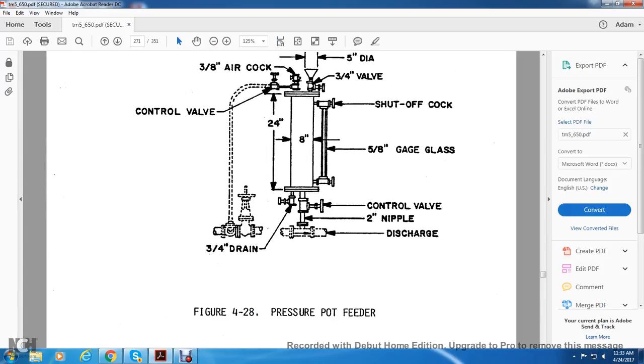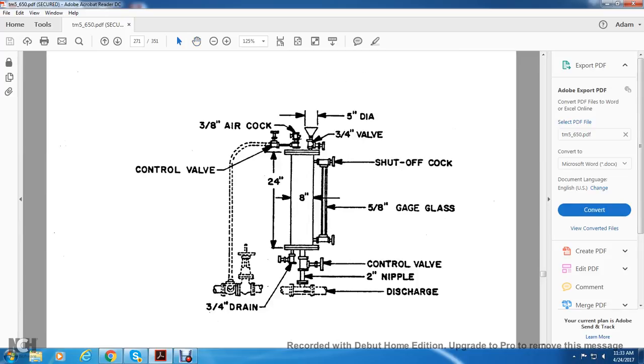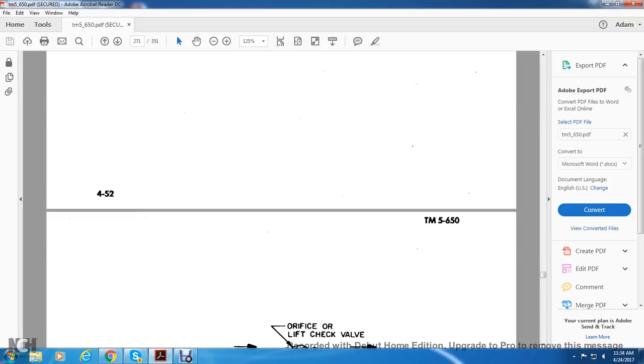It shows the pressure pot feeder. You have your 5-inch diameter, 3/4 inch valve, 3/8 inch air cock with a control valve on 3/4, with the shutoff cock, 24 inches of 5/8 inch gauge glass, 8-inch tube, 2-inch control valve, 2-inch nipple and discharge, and a 3/4 inch drain.